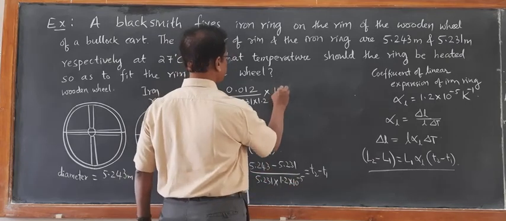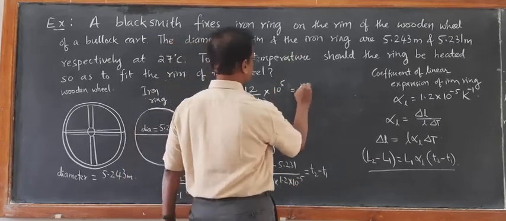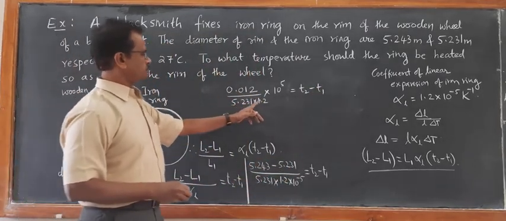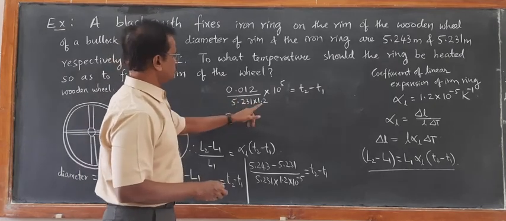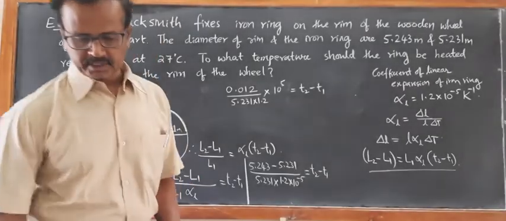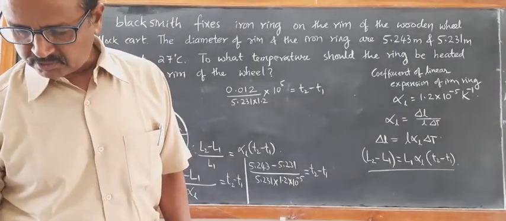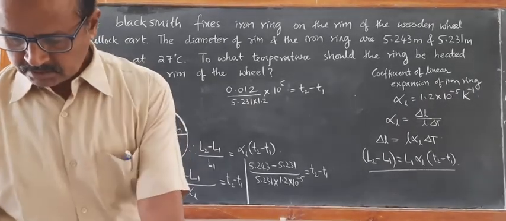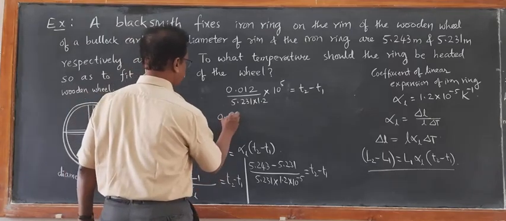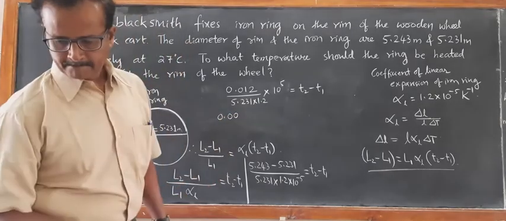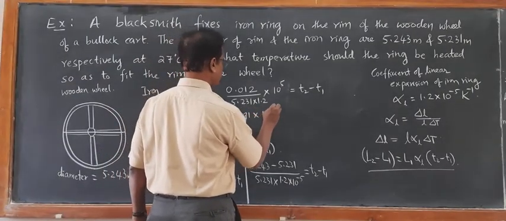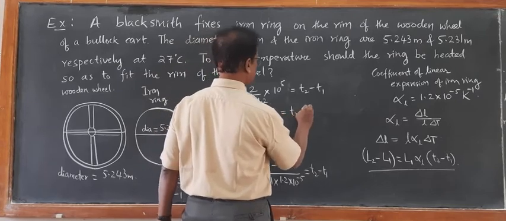I will take it to the numerator, so it becomes 10 raised to 5. This becomes T2 minus T1. Using the calculator, this comes out to be 0.00191 into 10 raised to 5 is equal to T2 minus T1.